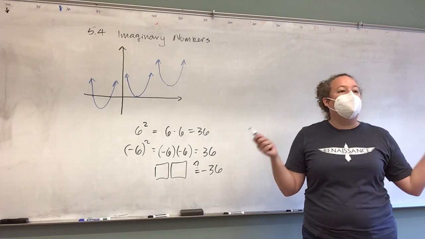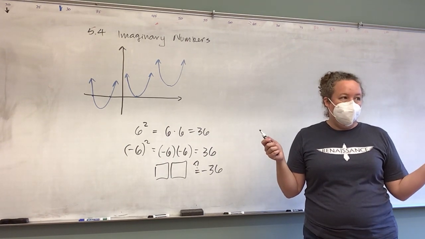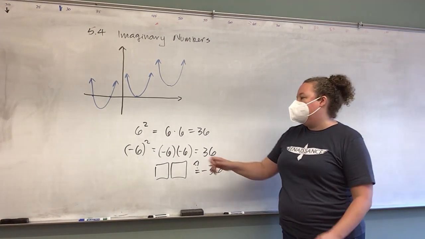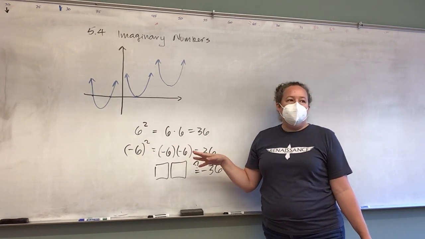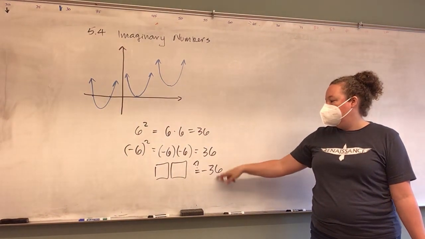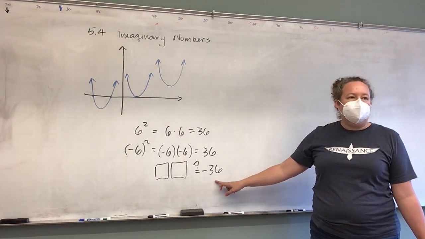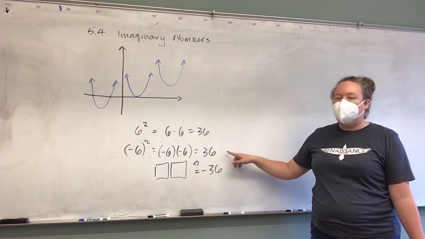Exactly, there's not a real number, because we have two options, 6 and negative 6, and neither of those produce negative 36 when multiplied. They both produce a positive 36.